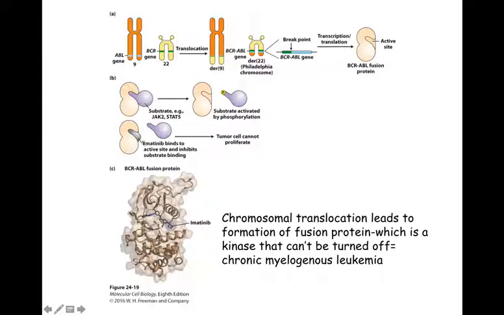Imatinib is a drug that has a similar shape to the binding site, and so you flood the cell with this drug and it outcompetes the binding site so that the normal substrates are not phosphorylated.